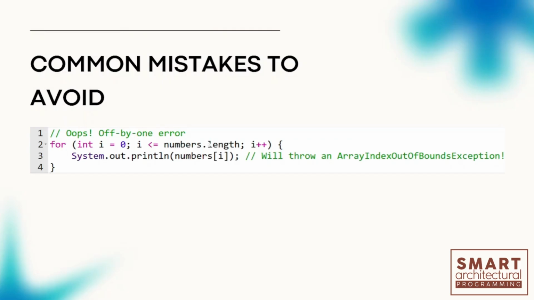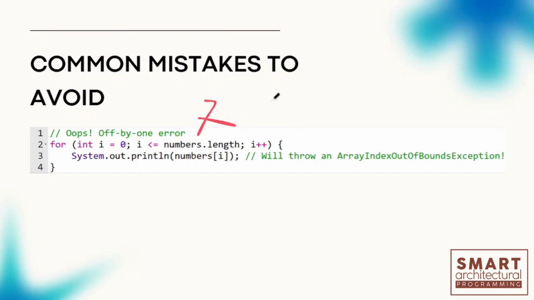Here we're printing this value, and once we go outside the bounds of the array, because it says i is less than or equal to numbers.length. If we have 7 values in an array, numbers.length gives us the value 7, right? There are 7 values here, but the index is not 7.